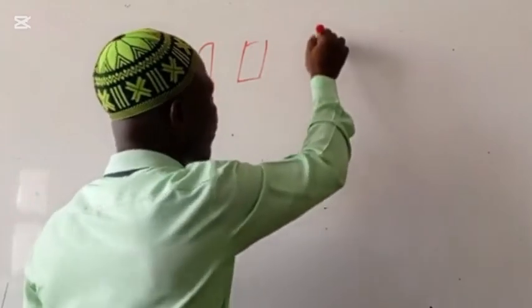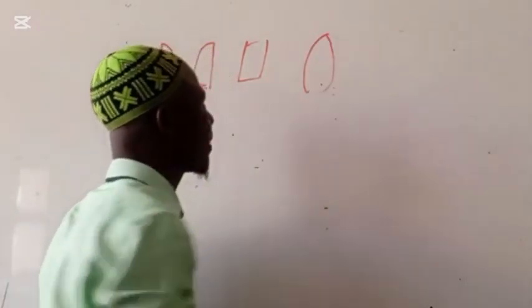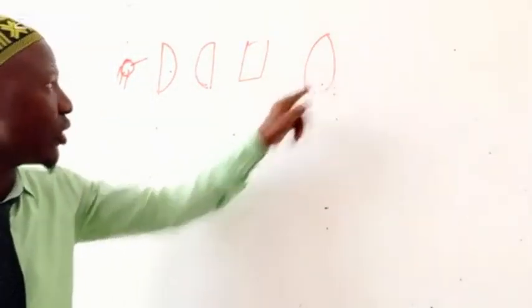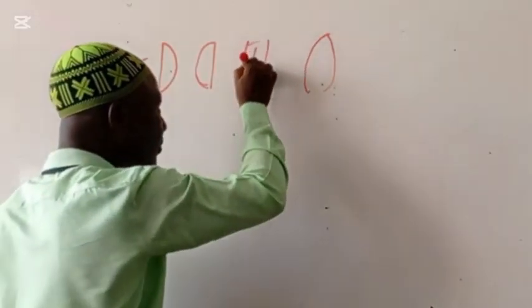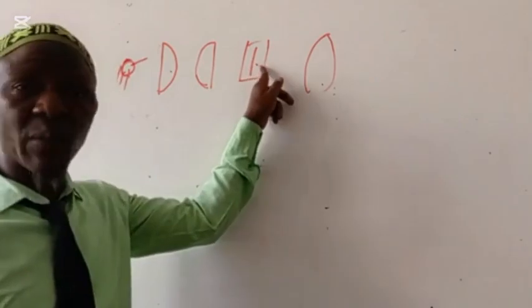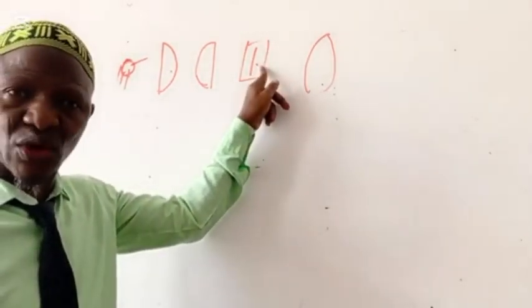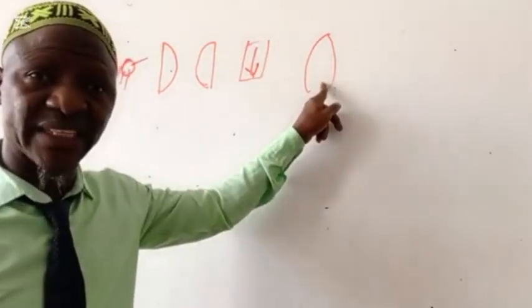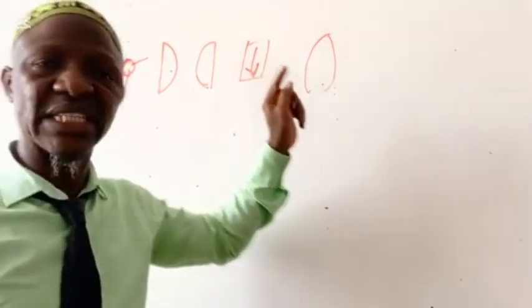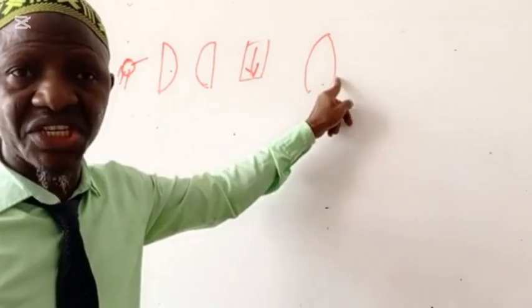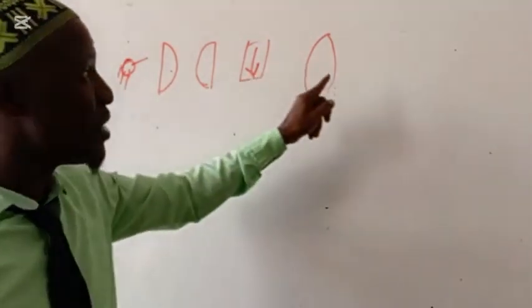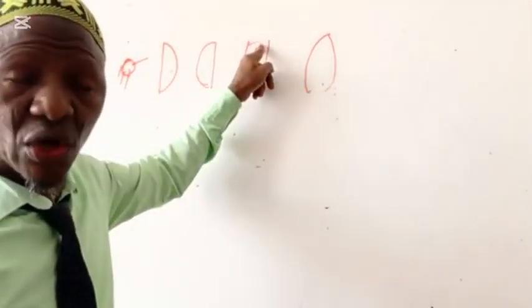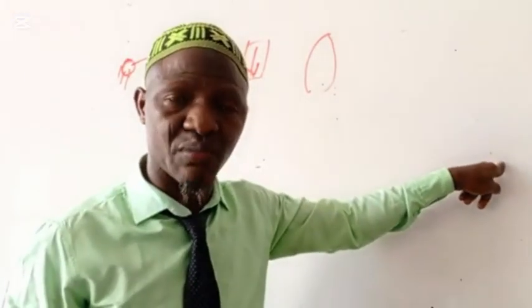After that, we now have a convergent lens. The purpose of this one, don't forget we have done convergent lens before. If you have an object here, look at it. The reason why our object must be upside down, that is an inverted object, is that when you place an object in front of a convergent lens, except if that object is between F and C, now our object will not be between F and C, and if the object is upright, that is an erect object, it will form an inverted image.